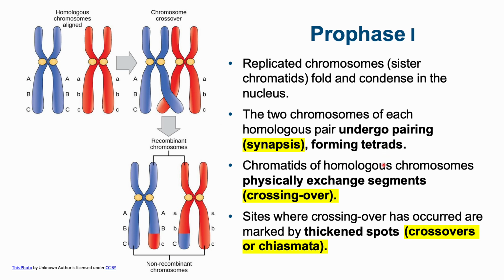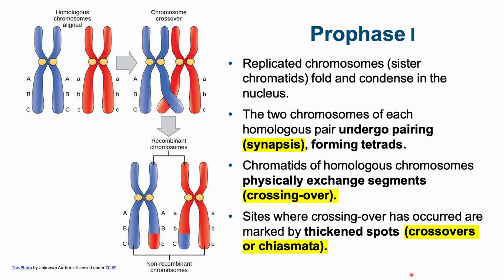And then, after crossing over, yung pinagpalit nila na segments, it will be marked by thickened spots, which we call the chiasmata. Again, yung segments na in-exchange ng dalawang chromosomes, they are called the chiasmata, and they are marked by thickened spots under the microscope.